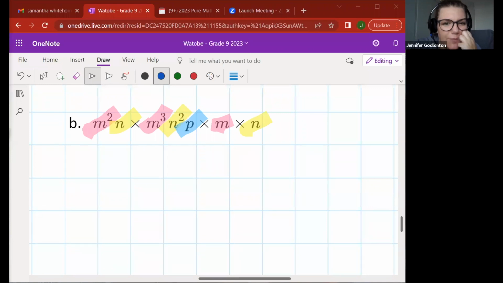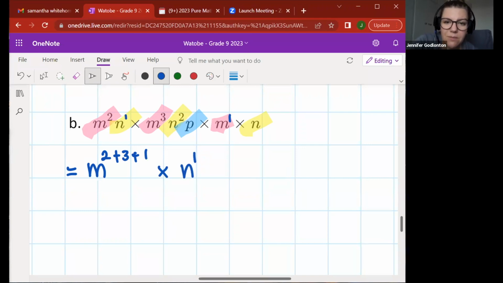I'm so sorry. Okay, so when we have a look at this, I'm seeing some great answers coming in the chat. We're going to look at our M's first. So I'm just going to write it out the long way. Remember, you don't need to write it this way. I've got 2 plus 3 plus 1, because we can't forget that sneaky 1. And then our N's, we've got 1 plus 2 plus 1.